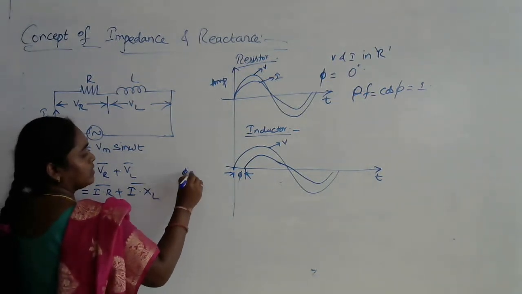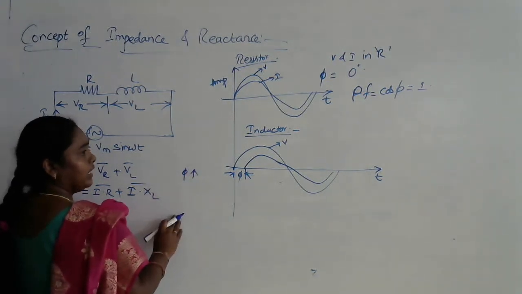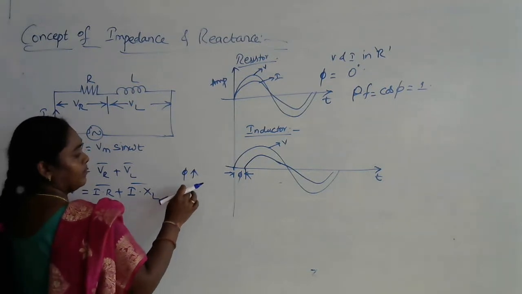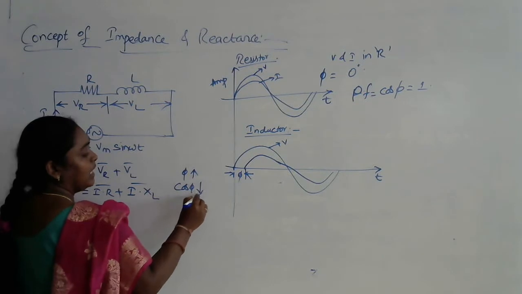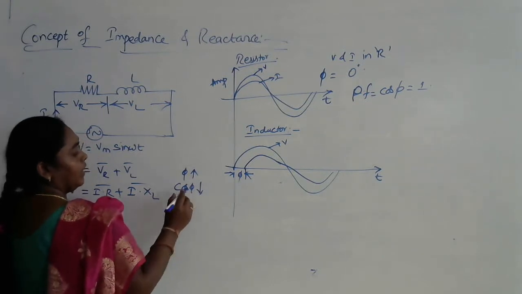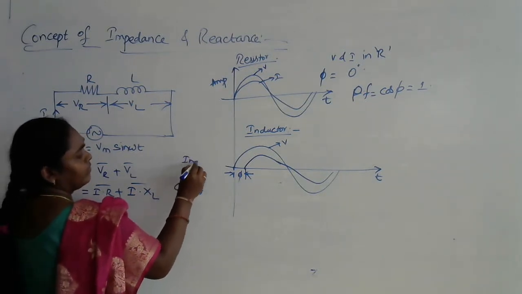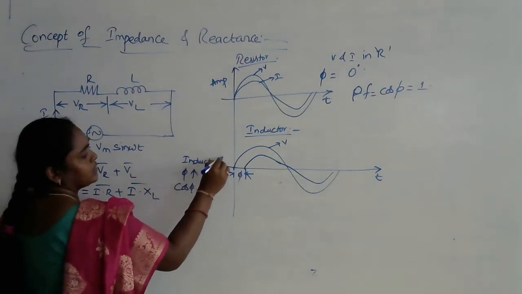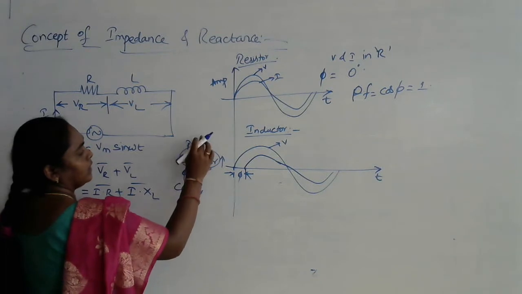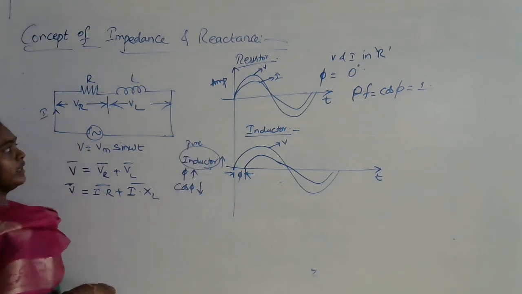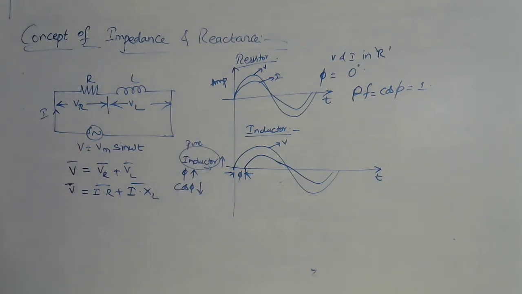If phi is going to increase, that itself indicates that the power factor, that is the cos phi value, is going to decrease. And if the inductor value is increased, it indicates the complete circuit is a pure inductor. So pure inductor indicates that we are getting a concept called reactance.